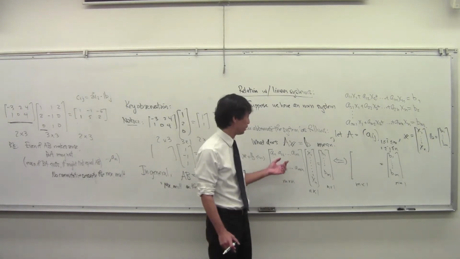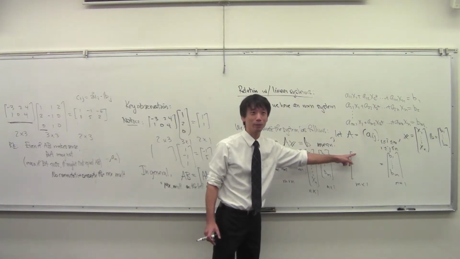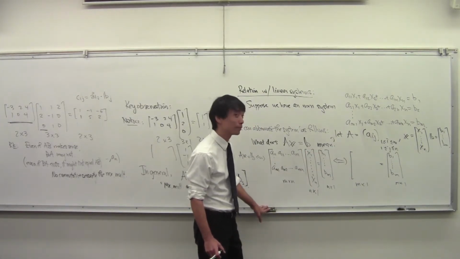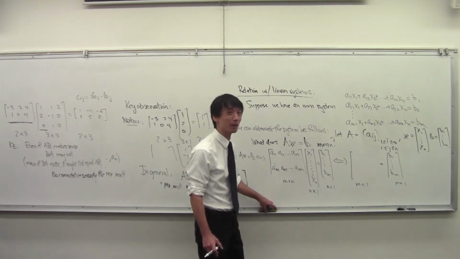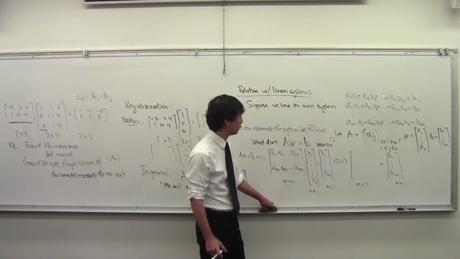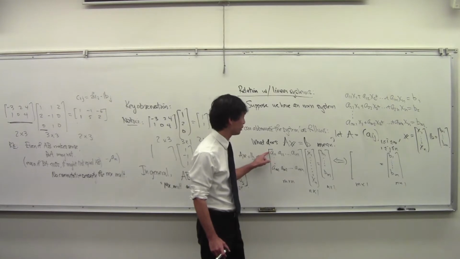Okay, would somebody like to tell me what the first entry is here? Yes, Lizzie. Is it A11X1? No, you're close. Molly? Well, I'm not sure if this is right, but I expressed it as a summation of A1iXj, ranging from 1 to n.